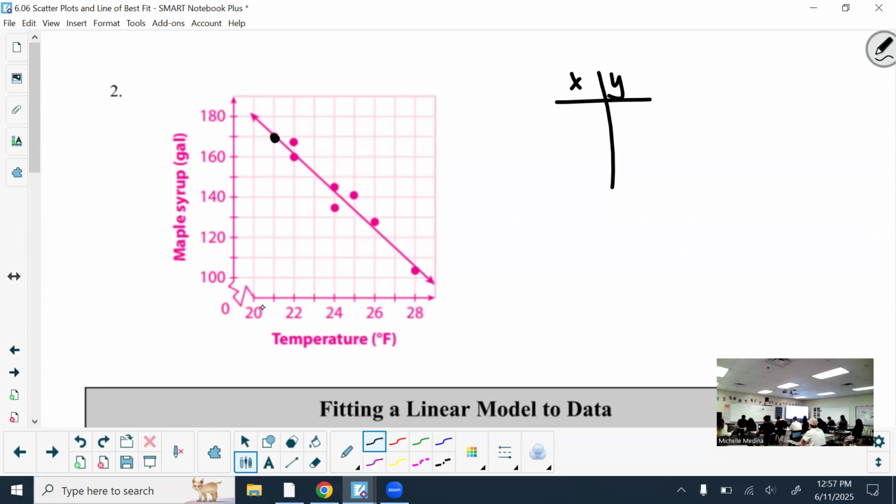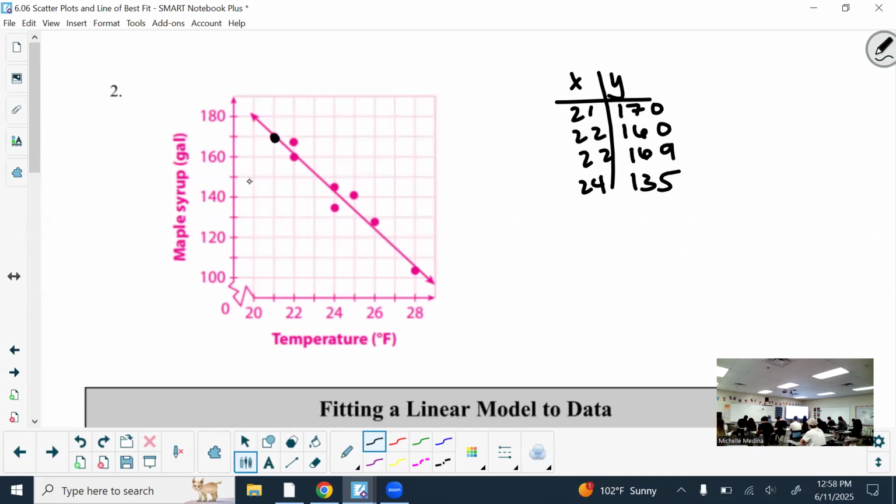So on this next Your Turn that I'm going to have you do, that first dot is 21,170 approximately. Next dot, 22,160. 22,169. 24,135. Does everyone see where I'm getting these numbers?